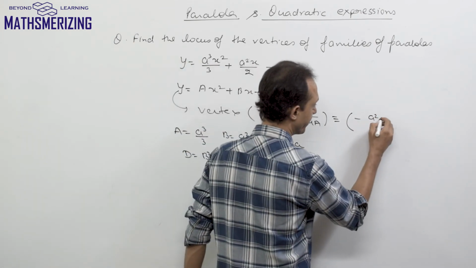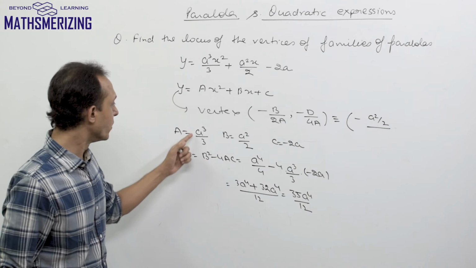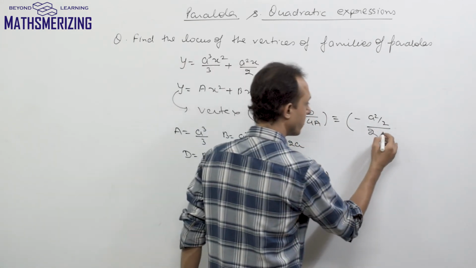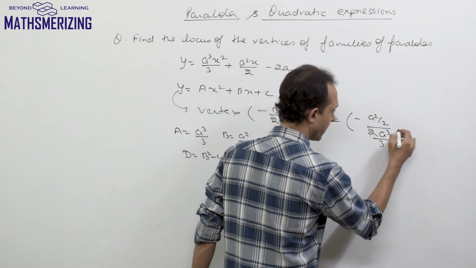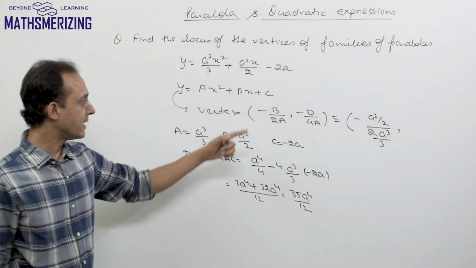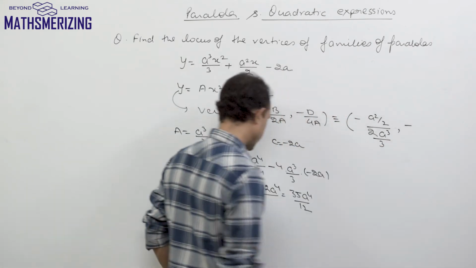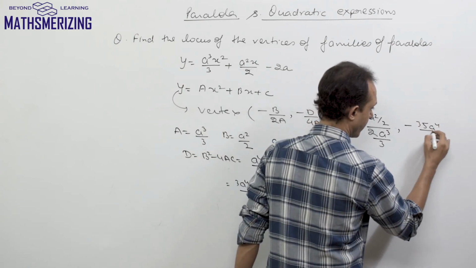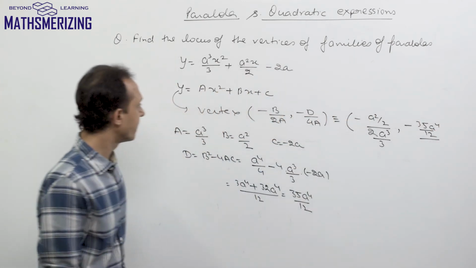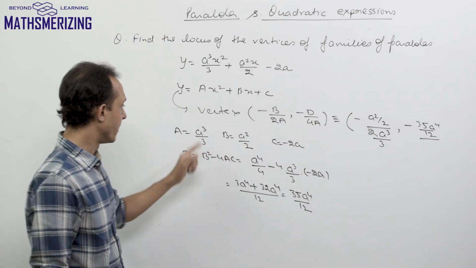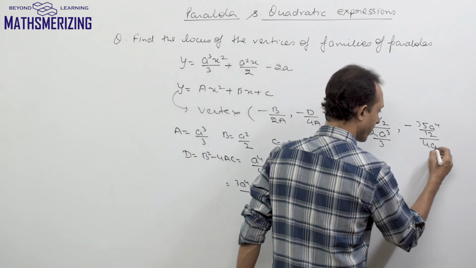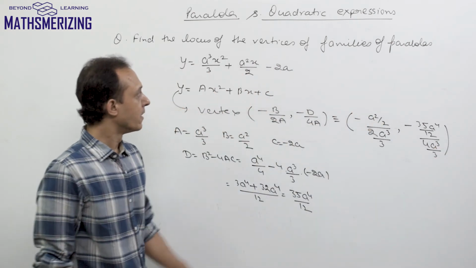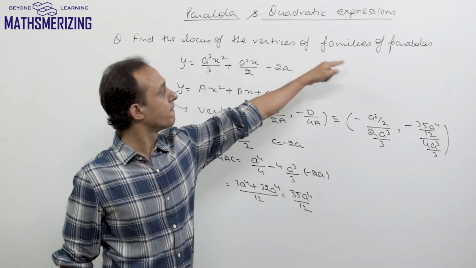So I'll write minus a square by 2 upon 2a, so 2a here will be 2 a cube upon 3, and then minus D. So minus D in this case is minus, and the value of D is 35a to the power 4 upon 12 upon 4a, and 4a in this case will be 4a cube by 3.